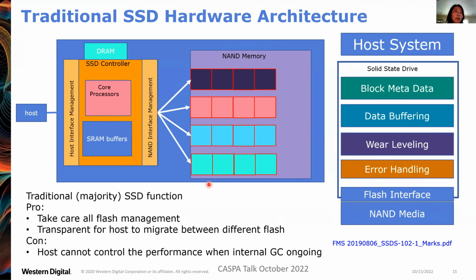NAND flash memory is not easy to manage. It's not like DRAM, it's not like SRAM, it's not a byte addressable memory. You have to erase by block. That's why you need a complicated SSD controller. And also NAND has lots of failures and lots of errors generated. You read one page, maybe you have lots of errors, and you have to correct them.